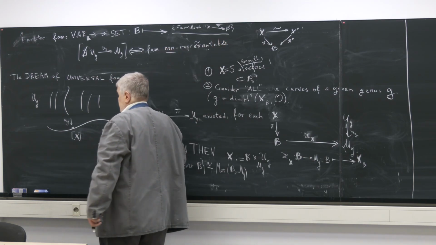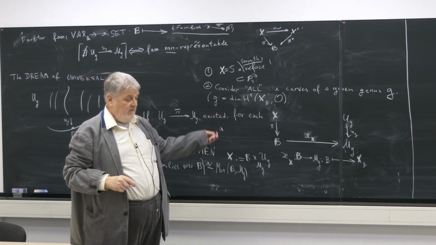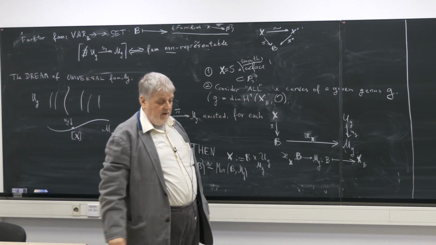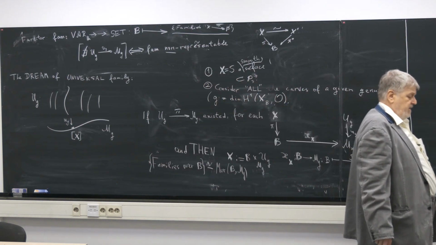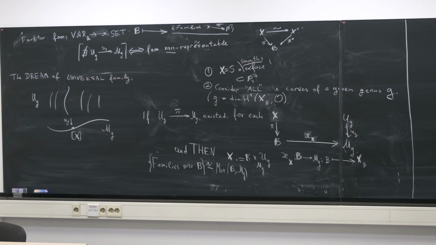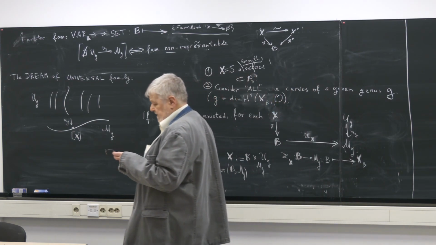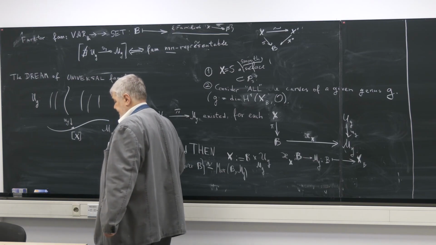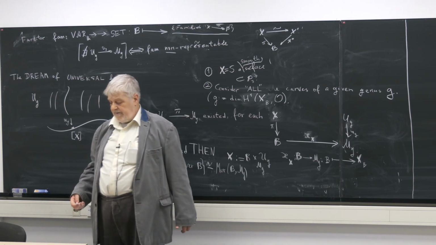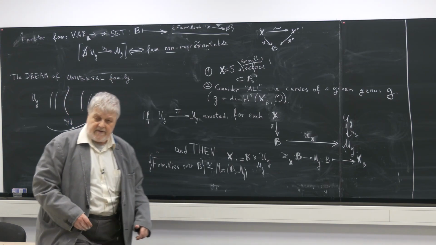If it were representable, we could define the moduli space in a very short way as just the object representing the functor of families. But we have to do certain tricks to get the representable functors.